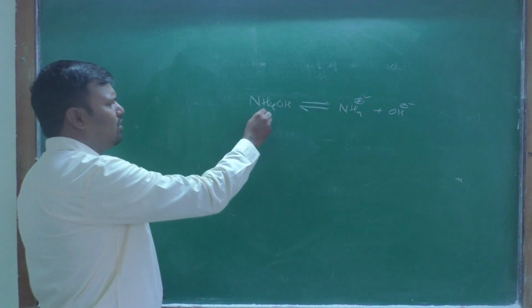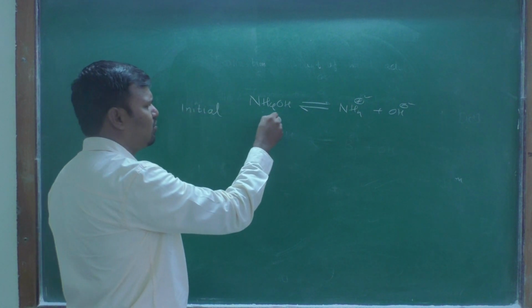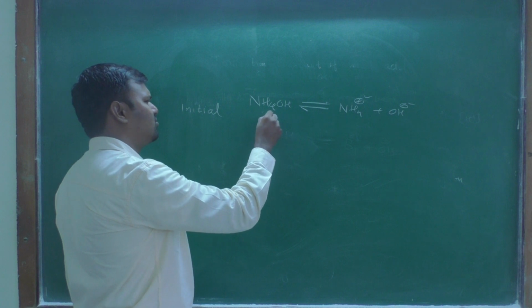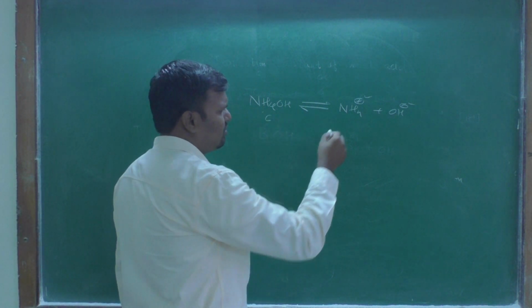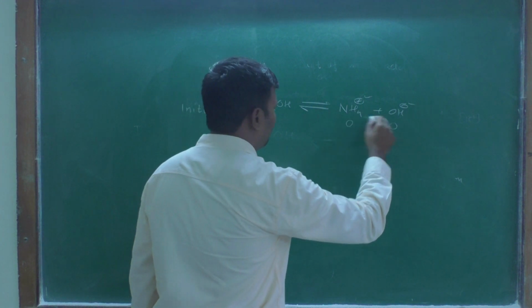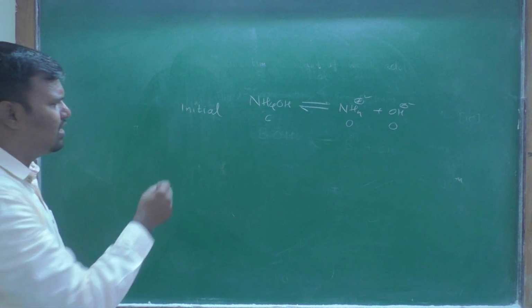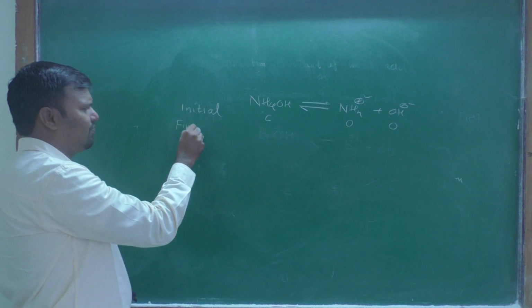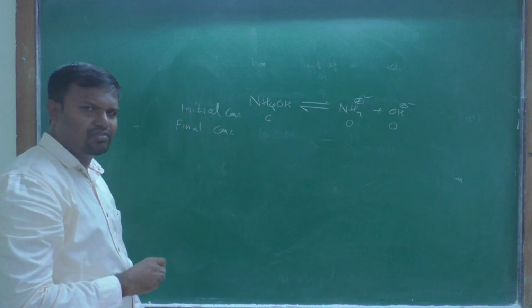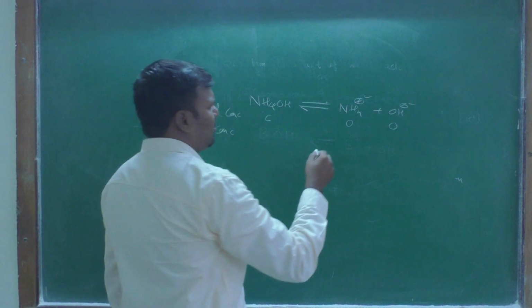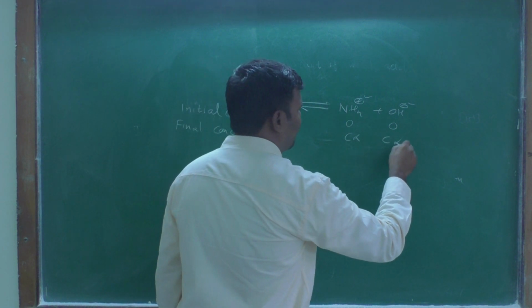At the start, the concentration of NH4OH, ammonium hydroxide, is C and there is no dissociation. Slowly, as time passes, we obtain dissociation. After some time, C alpha and C alpha ions are formed.